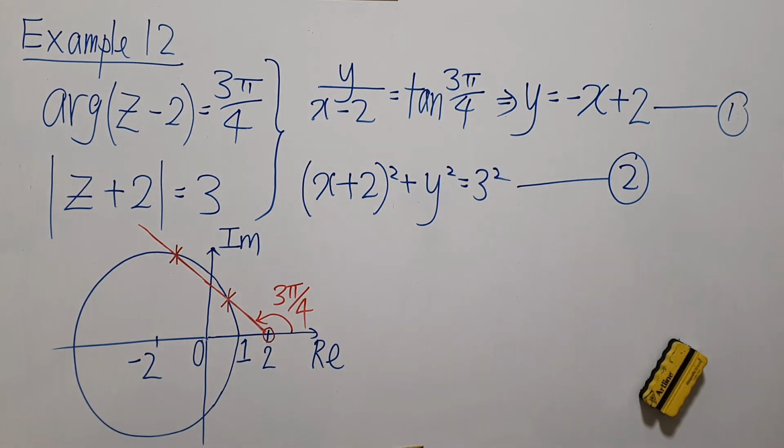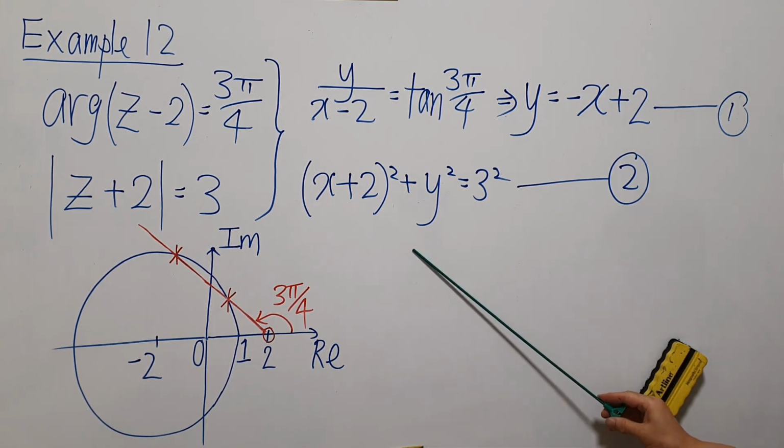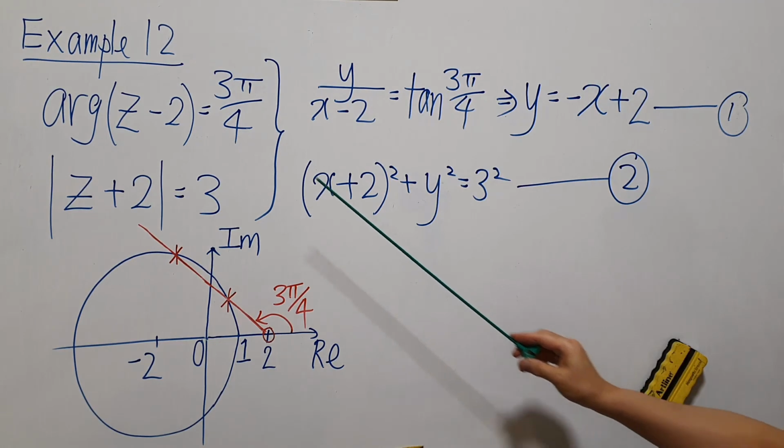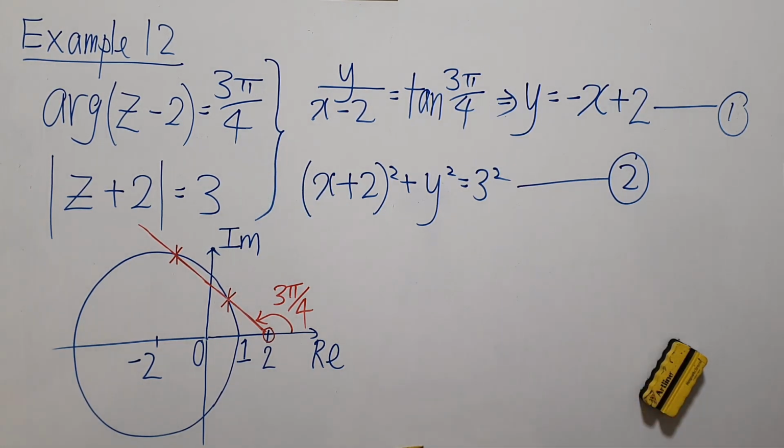On one hand, this is a circle, and this case is a half line. Let me just be sure that I converted it correctly. Okay, I believe I've done so correctly.